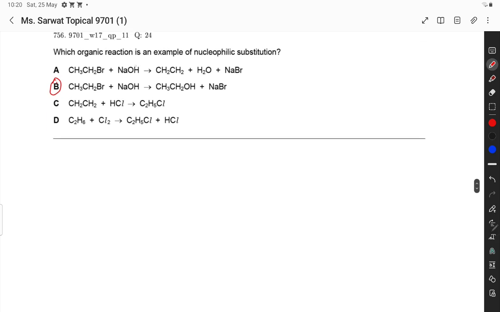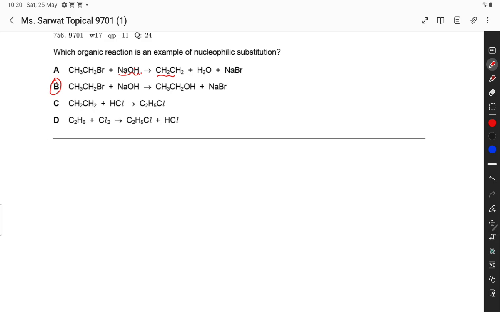Next question, which organic reaction is an example of nucleophilic substitution? CH3CH2Br, NaOH, CH2CH2. So, this is not the case, because when a haloalkane converts into an alkene, the condition is sodium hydroxide in ethanolic medium.